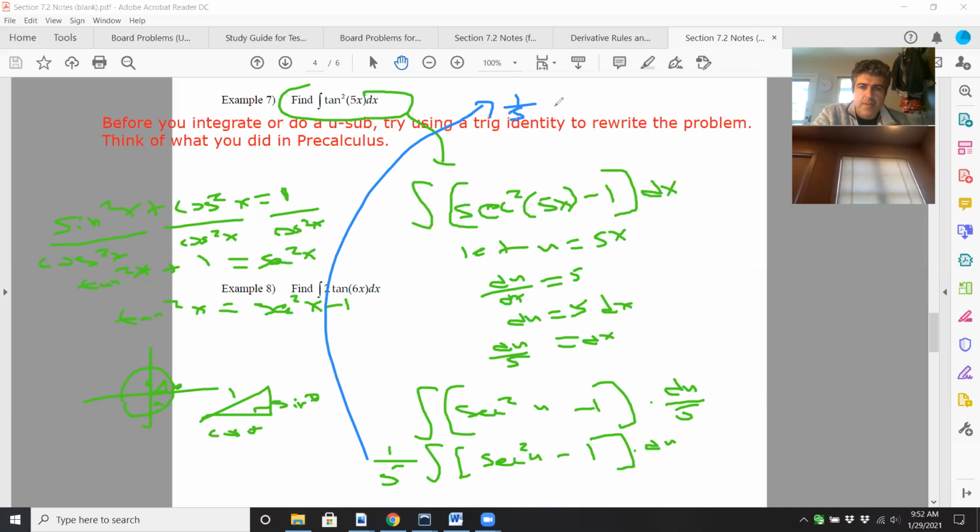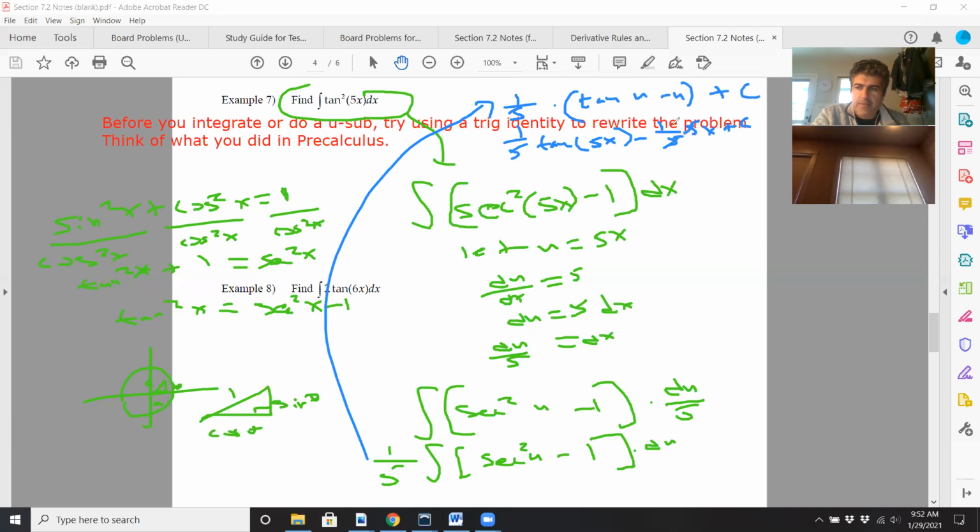1/5 times parentheses is going to be tangent u minus u, and you have a plus c at the end. And then, of course, u is 5x, so it's 1/5 tan 5x minus 1/5 u, or 1/5 times 5x, plus c.